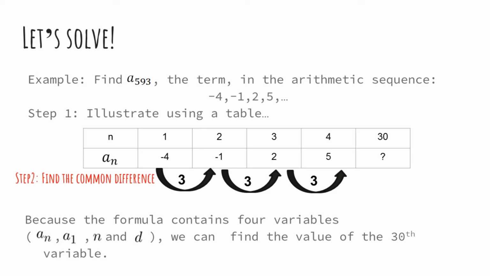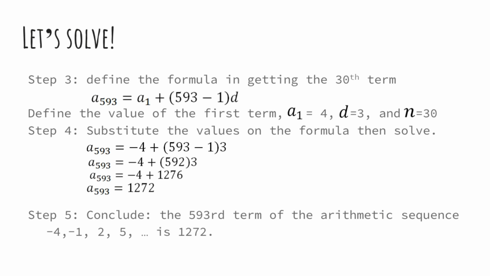But for this problem, we're looking for the 593rd term. Substituting the value of n into our formula, we now have a sub 593 is equal to a sub 1 plus the quantity 593 minus 1 times d.